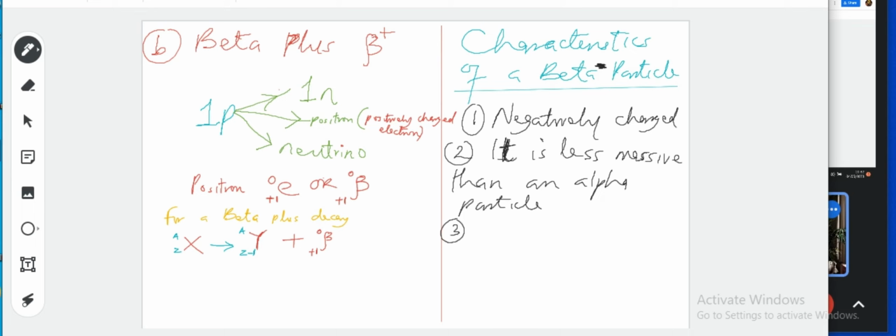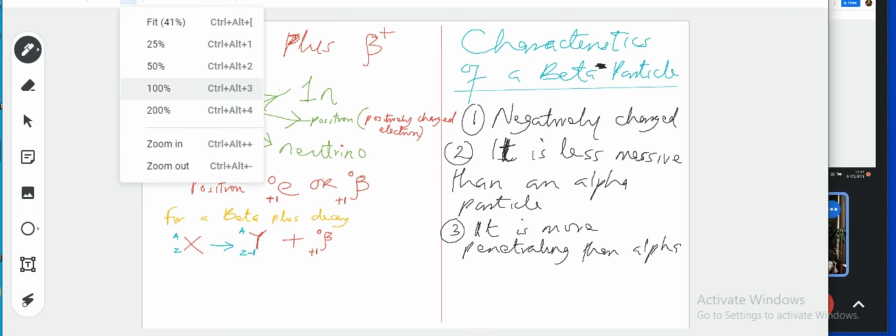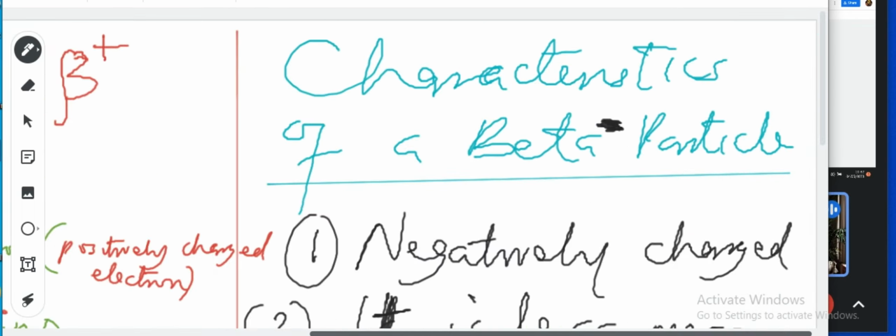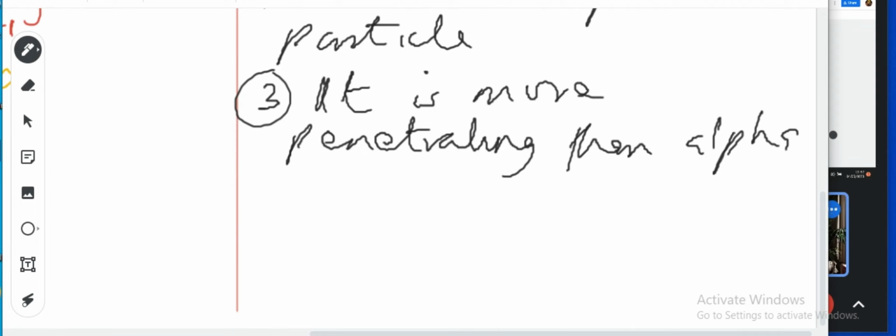Number 3, it is more penetrating than an alpha particle, but of course less penetrating than gamma. Gamma is the most penetrating of all of them. We look at that very quickly as we draw this to a close.